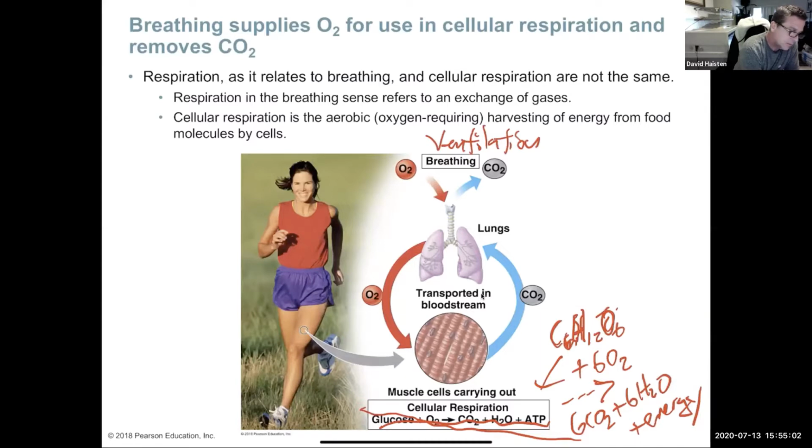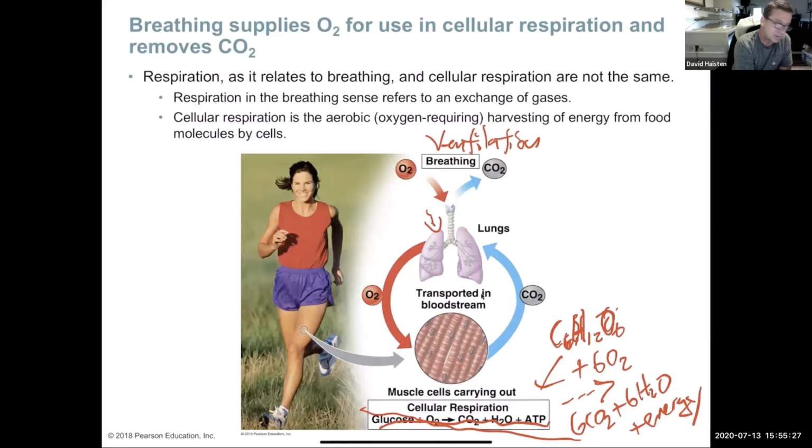All right, so oxygen's coming in, well, air's coming in to your lungs. In your lungs, the pulmonary circuit sends out blood to your lungs. There's capillary beds in your lungs picking up oxygen and getting rid of carbon dioxide.